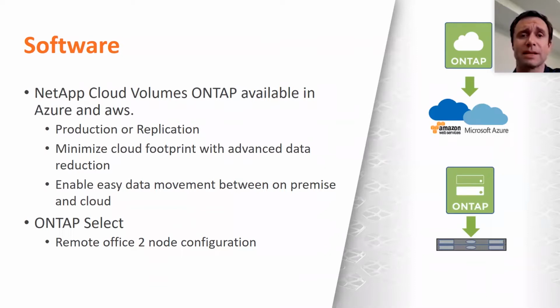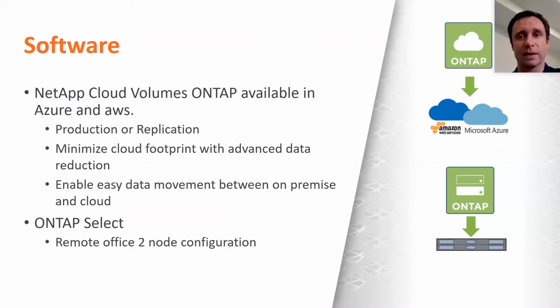Also with OnTap Select, it's great for remote offices. We can do a 2-node configuration where traditionally, if you wanted some more advanced data services like snapshot and replication and backup, you'd have to put a full-blown storage array.